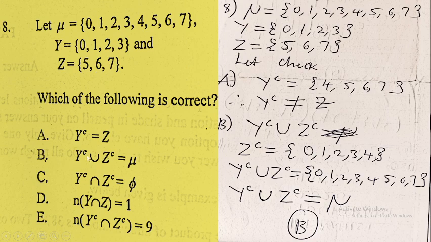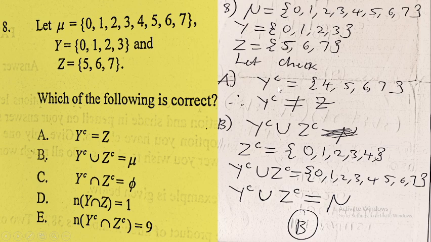So let's check option B. We have to find Y complement and Z complement, then unite them. If you unite them and the answer you get is equal to the elements in the universal set, that means it is correct. We have the Y complement already. So let's find our Z complement. Z complement is the elements in the universal set that are not in set Z, and that will give us 0, 1, 2, 3, 4.